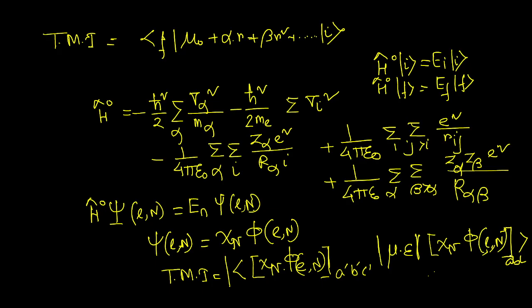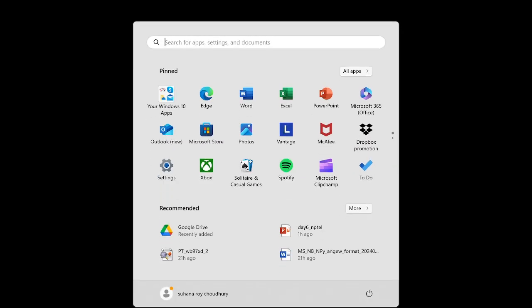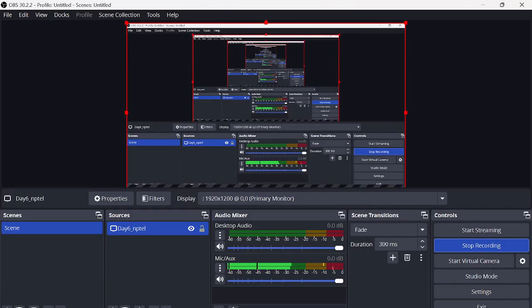And we know mu can also be expanded as mu 0 plus alpha r plus beta r squared and so on. It's a very big equation, so it needs some approximation to get the solution of the selection rule. That will come in a later part. So let's do the second question, number 8. With the expression given in the previous slide, we have a question.